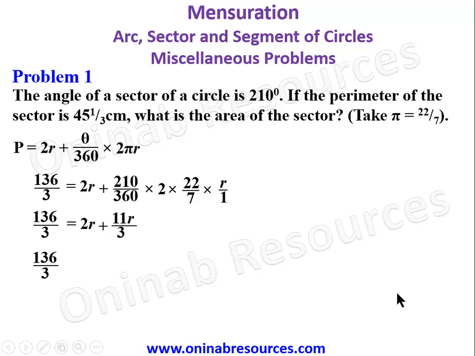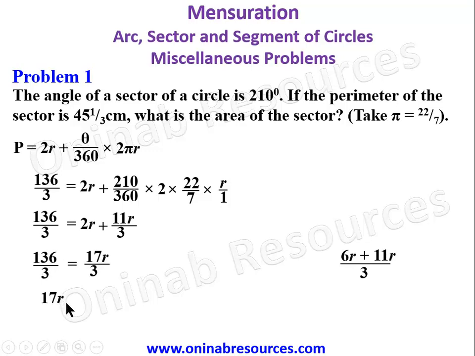So we go ahead to make this a single fraction. The LCM there is 3. So 3 times 2r gives 6r plus 11r, so that will give us 17r/3. Since the denominators are equal, the numerators are equal.